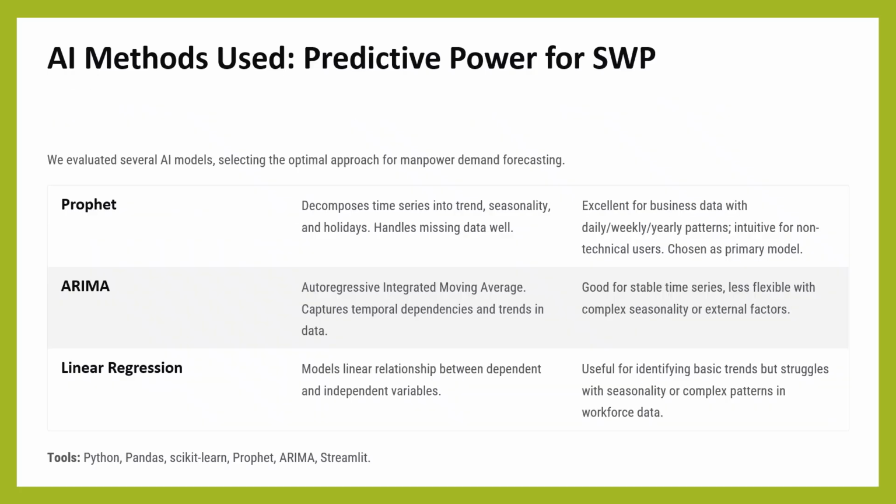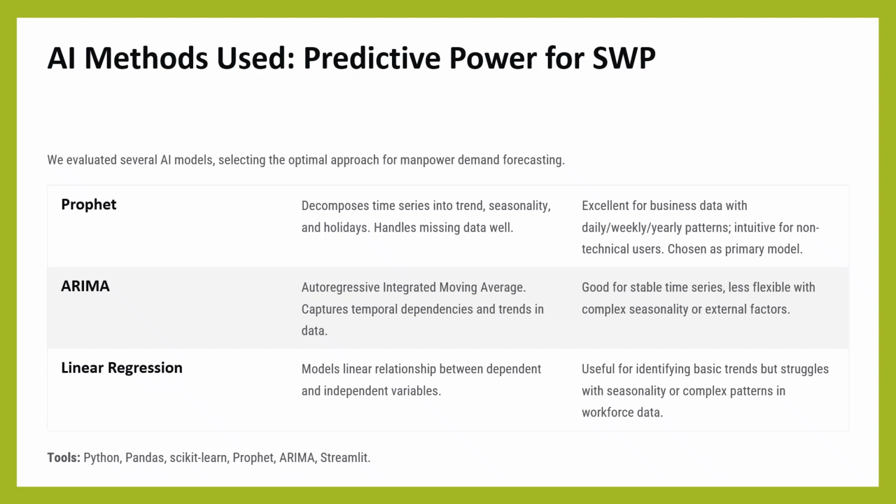AI models used. To generate accurate forecasts, we integrated 3 AI models into our project. Prophet, a forecasting model developed for business data. It automatically captures trends and seasonality, and was my primary model. ARIMA, a statistical model effective for stable time series data.